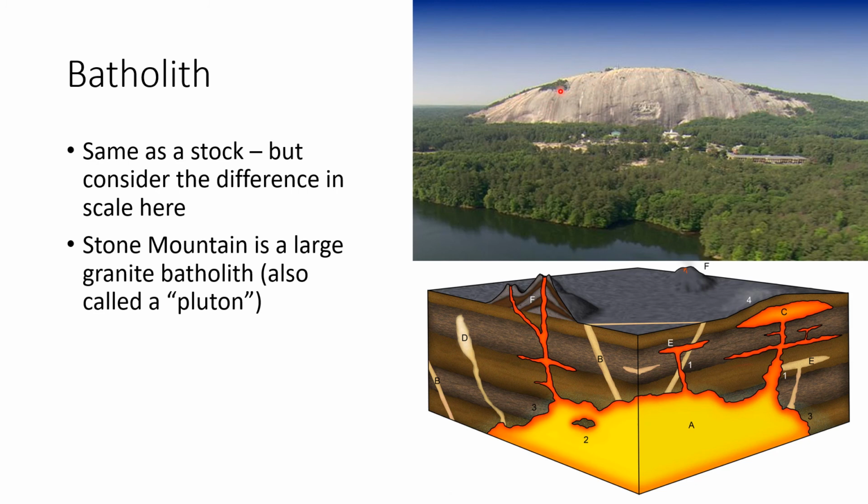It is a solidified magma chamber, a crystallized magma chamber, and in fact, Stone Mountain particularly is a really nice version of a granite, and you can find the typical minerals that we would expect: plagioclase, feldspars, quartz, and biotite. If you go hike around at Stone Mountain, it's one big piece of granite, and sometimes it's also called a pluton.